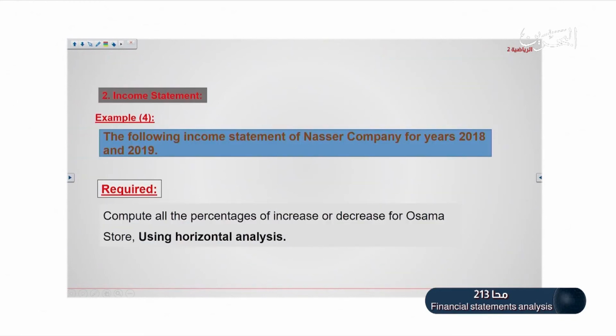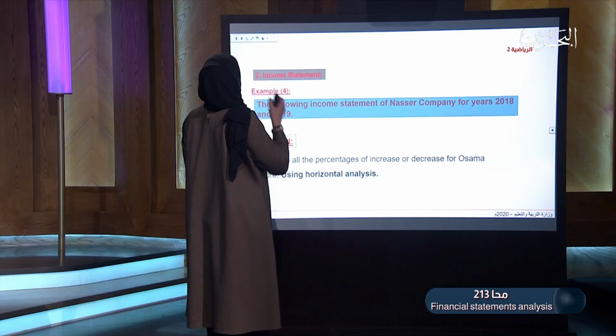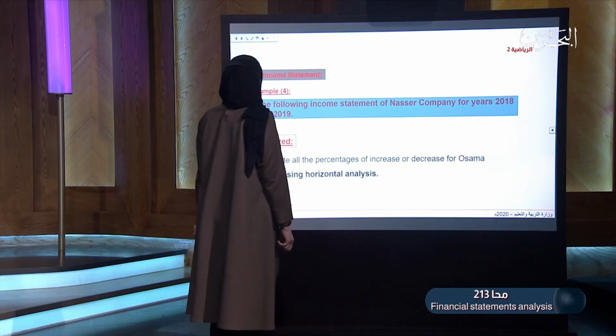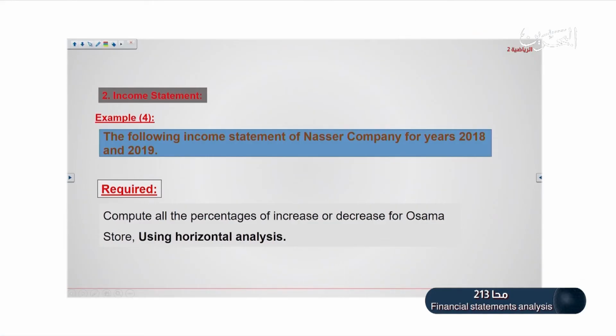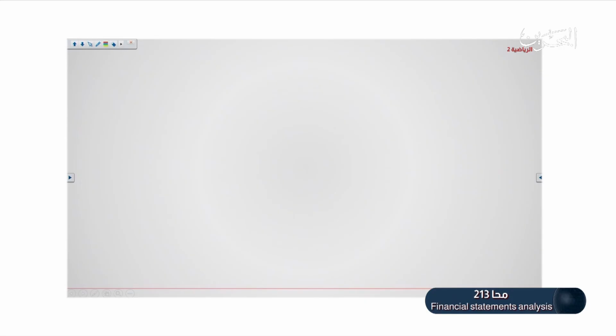Okay, let's do horizontal analysis for the income statement. Let's see example 4. The following income statement of NASA company for years 2018 and 2019. Required: compute all the percentage of increase or decrease for Osama store using horizontal analysis.